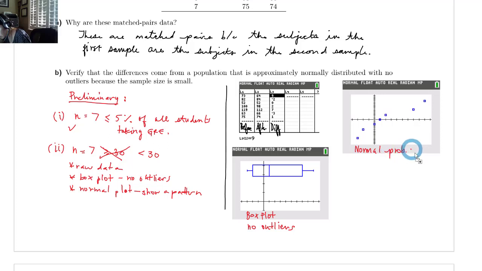We can see that there is a distinct pattern. As x increases, the dots are also increasing, almost making a nice line. There's nothing out here, and the dots aren't going zigzag anywhere. It seems to be increasing left to right, and therefore there's a distinct pattern.